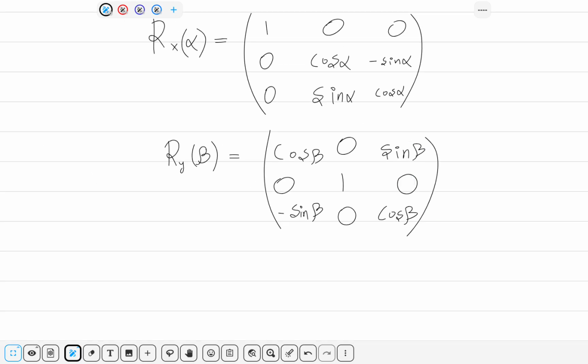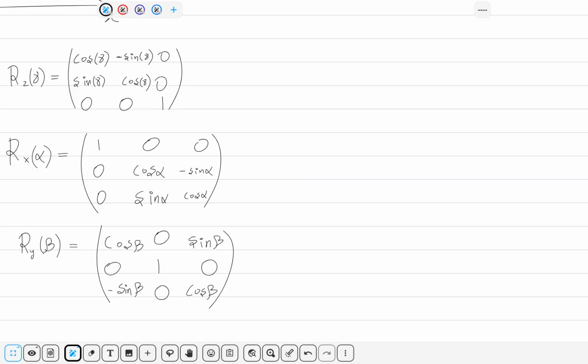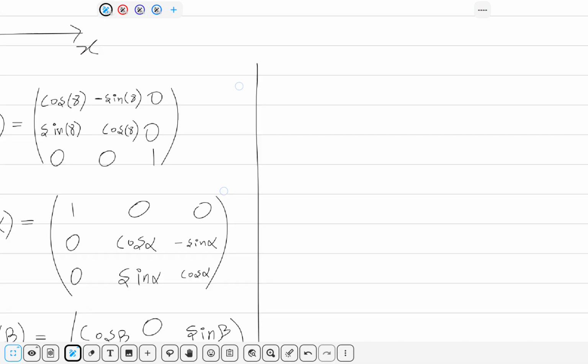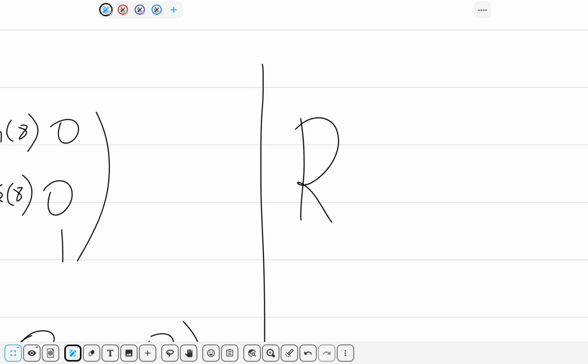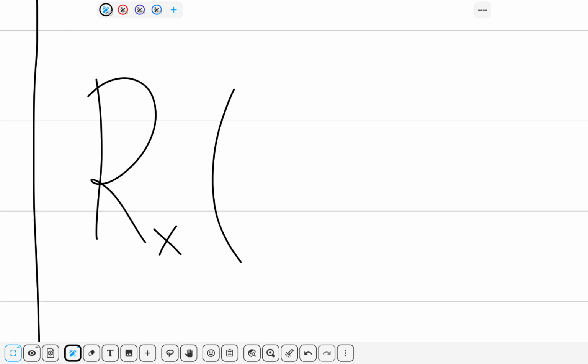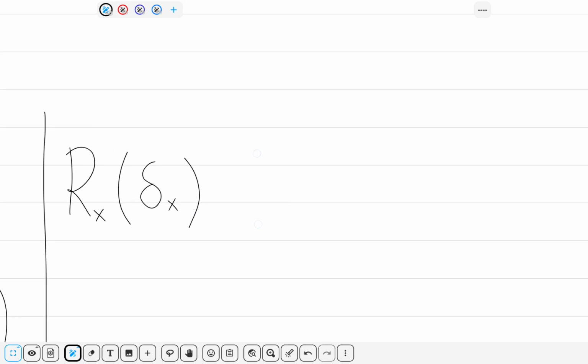Why did I write this now? I will tell. Suppose you have a very small rotation in the x direction. Let me use delta x, a very small rotation about the x orientation.